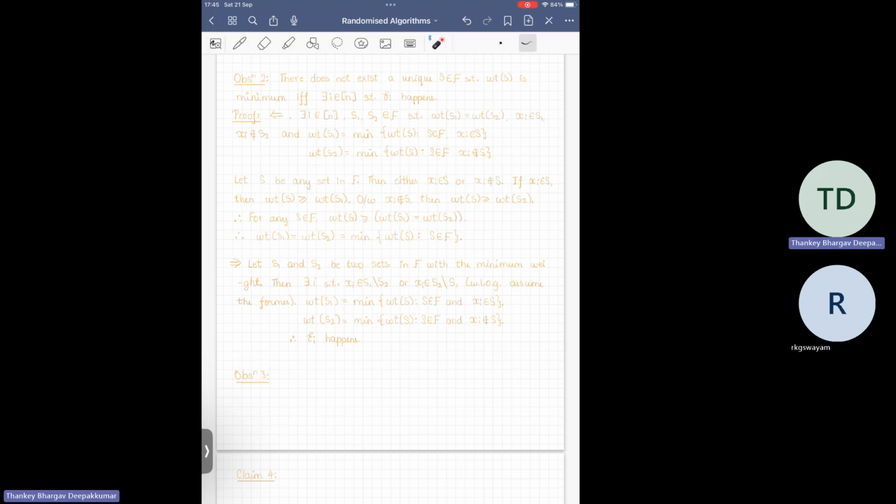Yes. So I want to show that this probability is small, but since there is an if and only if over here, I can as well show that this probability is small, right? Yes, because these two probabilities are equal.